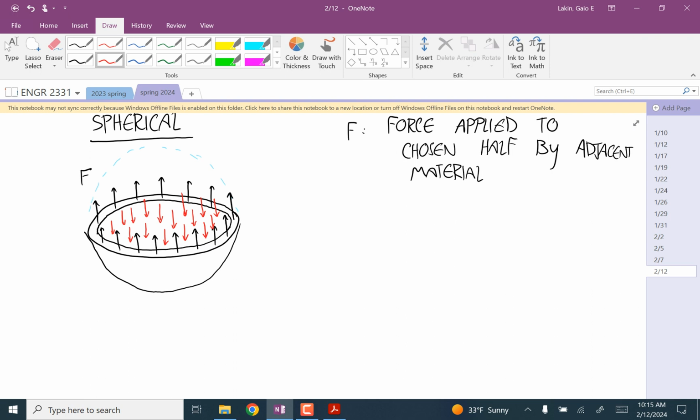Should there be arrows pushing laterally? Yes, but those all cancel out because of the symmetry of the shape. There would be an arrow going that way, but there would be an equal and opposite arrow going that way, because that's the way pressure works. What about pressure pushing against the sides of the sphere?